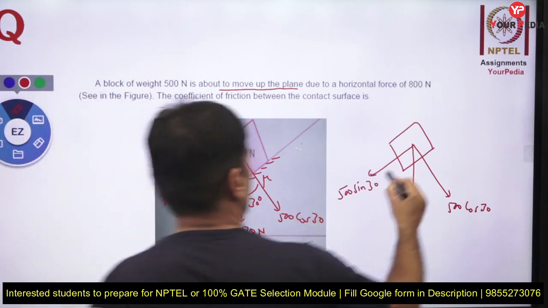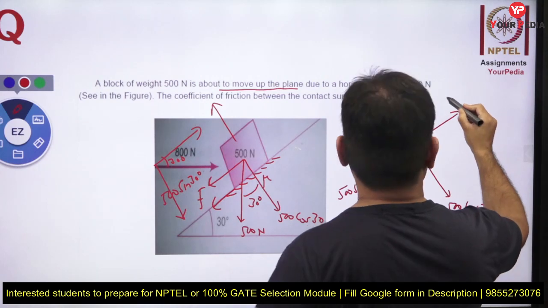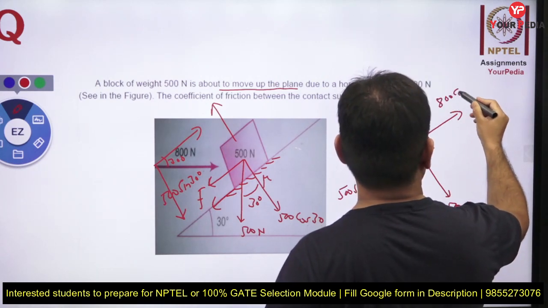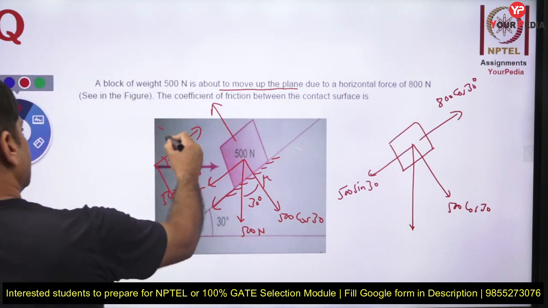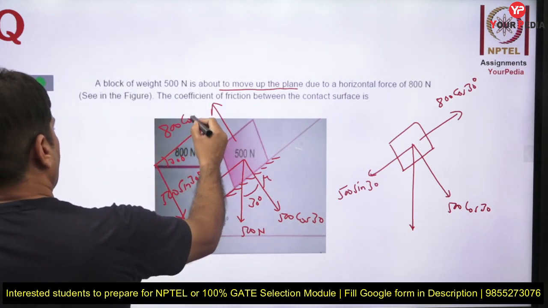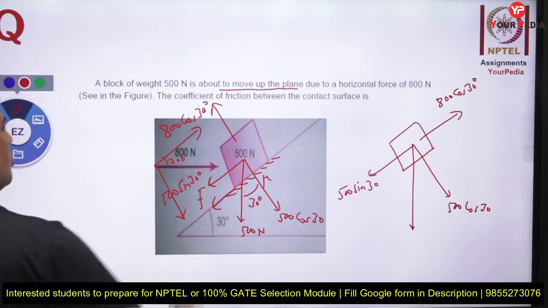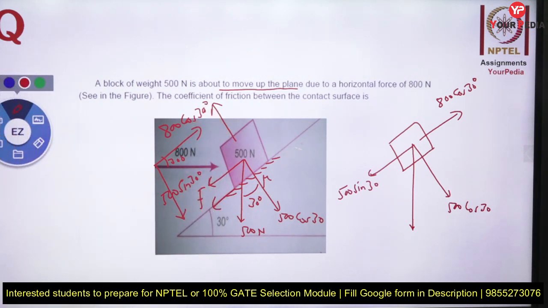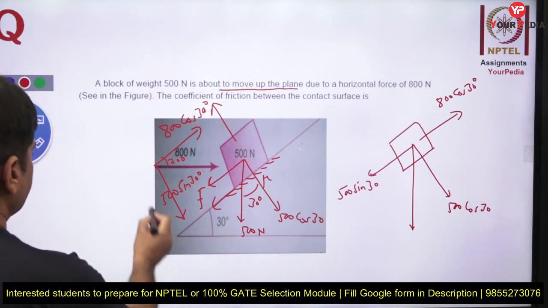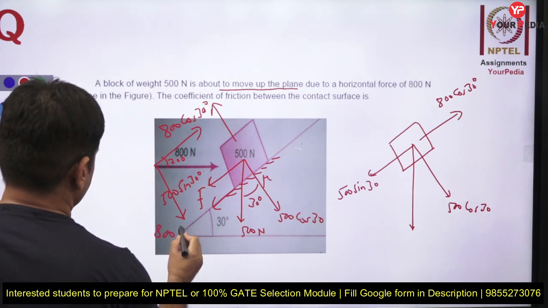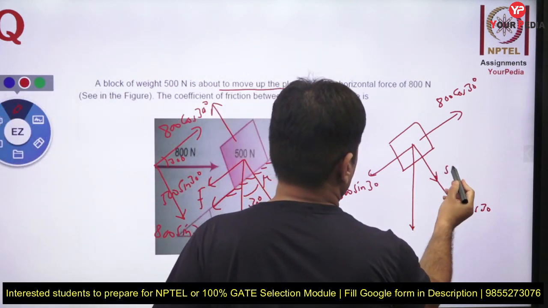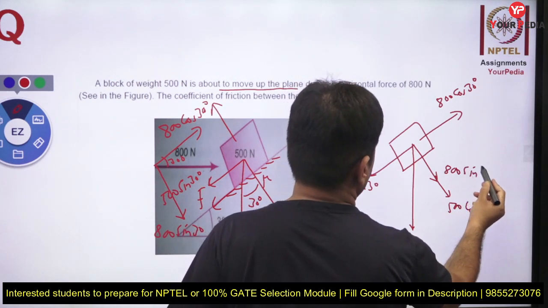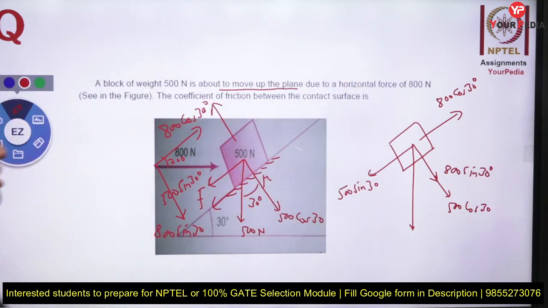So the force acting along the incline is 800 cos 30, which will make it move upward. And then there is another component, 800 sin 30, which is going to act downward.